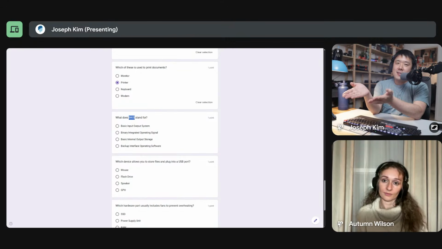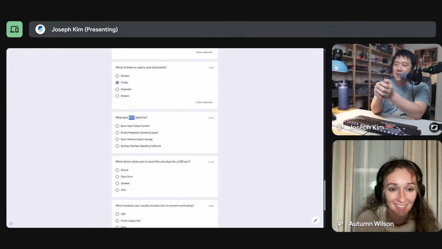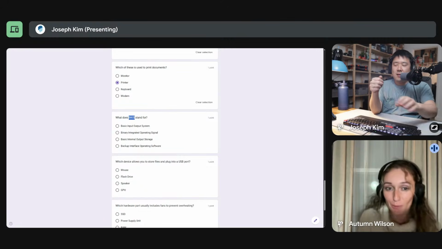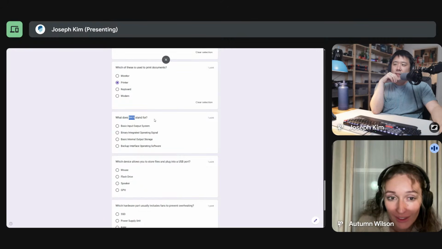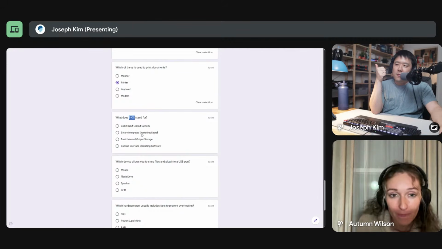Whether what that stands for, I've never looked, so I'm gonna have to guess. Based on that, I would maybe say basic input output storage, or basic internal output. Backup interface operating software. It's not really a storage. That's my guess. And binary integrated operating signal.